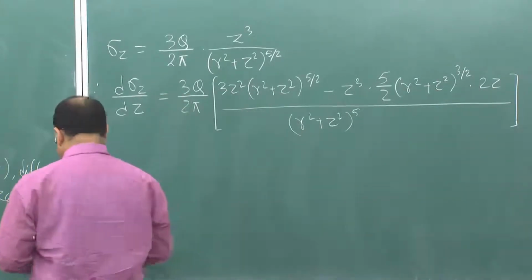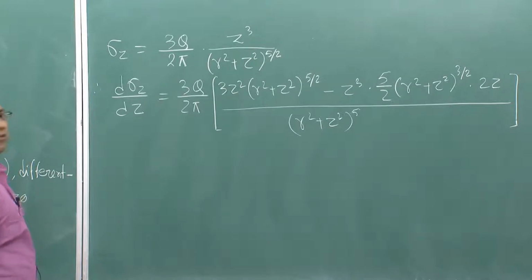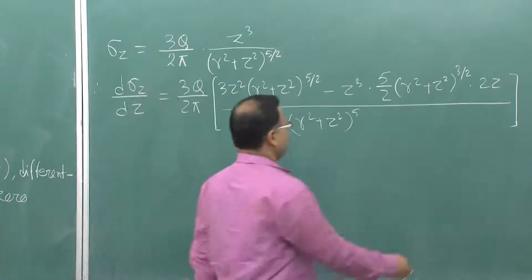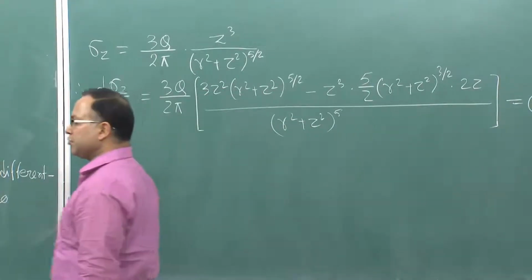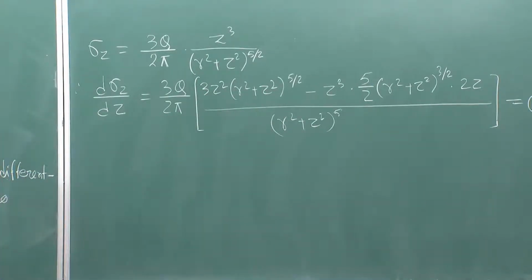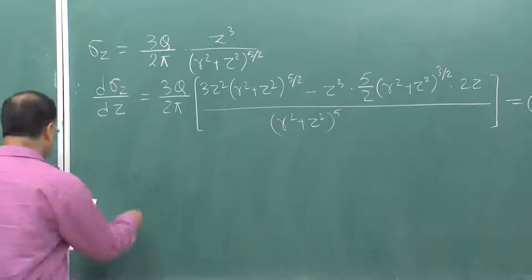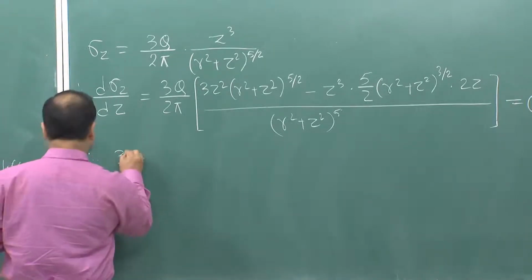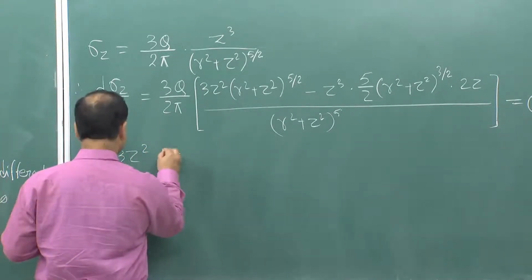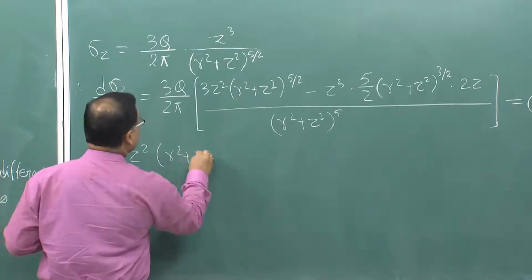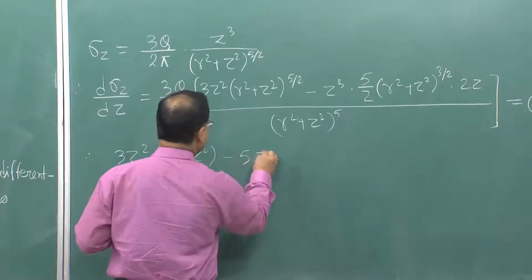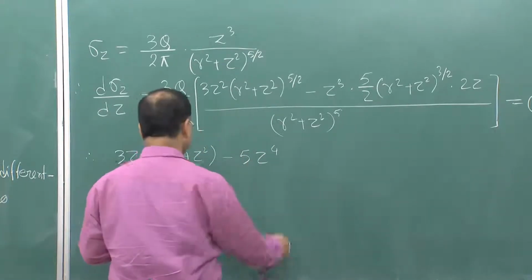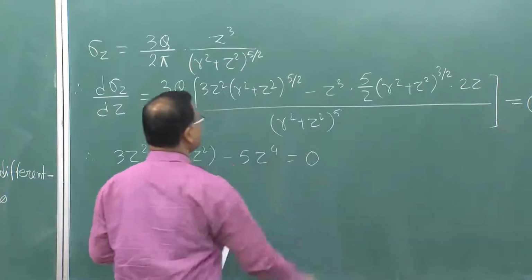Okay. So, this is equal to 0. To get the maximum value of sigma z, this should be equal to 0. So, if that should be equal to 0, then what we will get? 3 z square into r square plus z square minus 5 z to the power 4 is equal to 0.